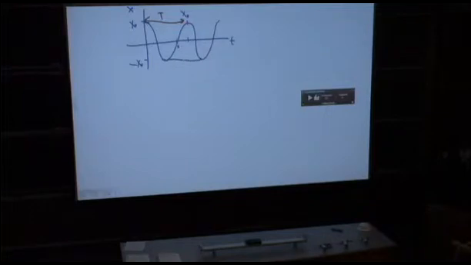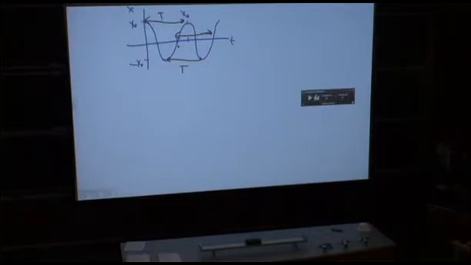Of course, this is also going to be equal to a period, or this is going to be equal to a period. It doesn't matter how we start measuring the position. We just have to come back. Now, how many quarters does a period have? Of course, four quarters.